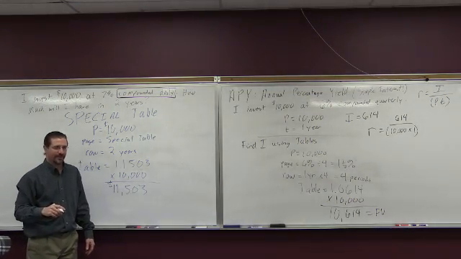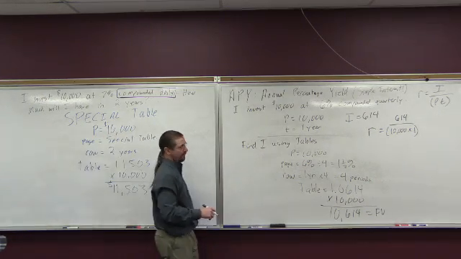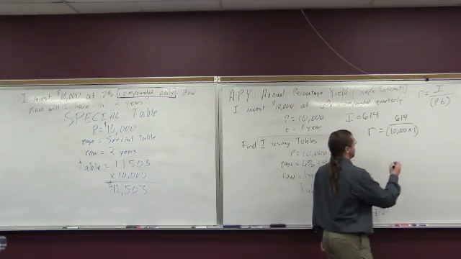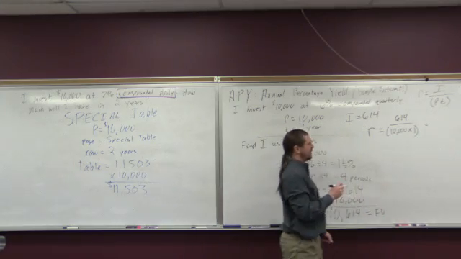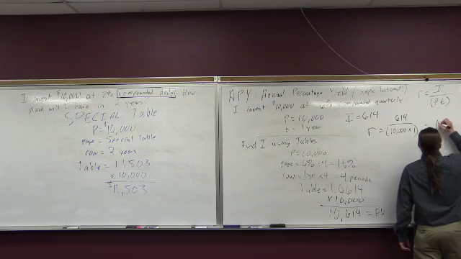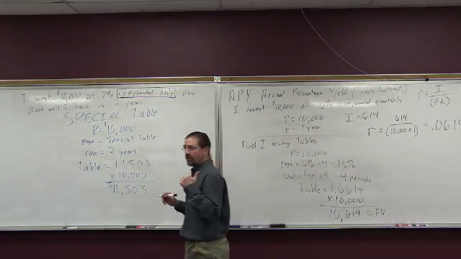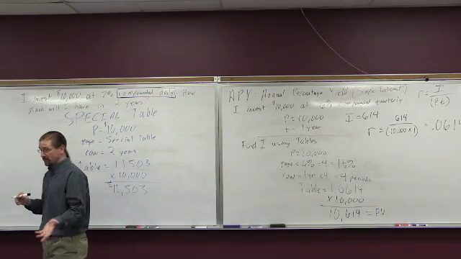Don't make it harder on yourself, right? Multiplying by 1 does not change anything. So just divide the top. What is it going to give you? 0.0614. That's the decimal representation of your interest rate. What are you going to do?